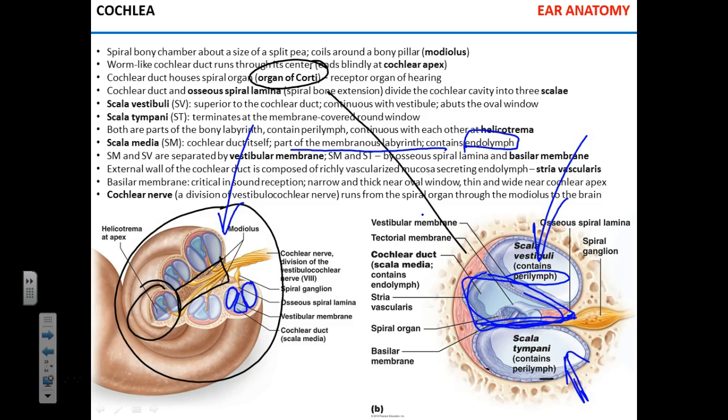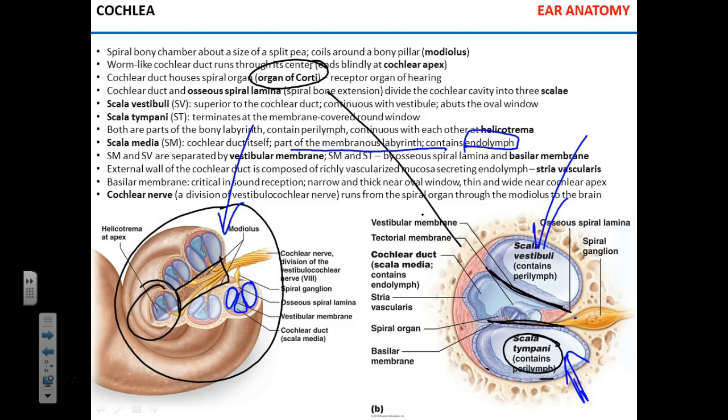These ducts are separated by several membranes. Scala vestibuli and scala media are separated by the vestibular membrane. Scala tympani and scala media are separated by the basilar membrane.